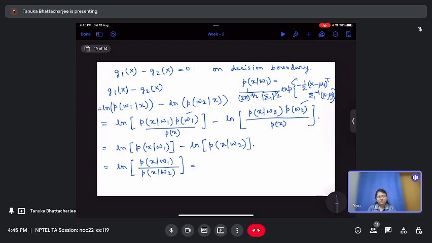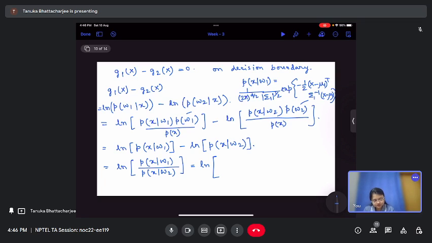Now since we have the ratio of p(x given omega 1) by p(x given omega 2), the first term, that is 1 by 2 pi to the power d by 2, will be present in both the expressions, so that will cancel out. So we will not have that 2 pi term.